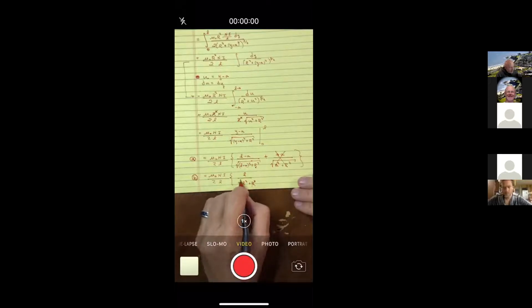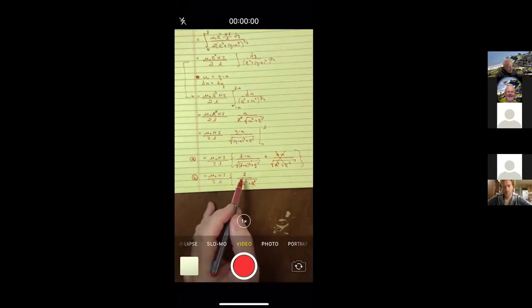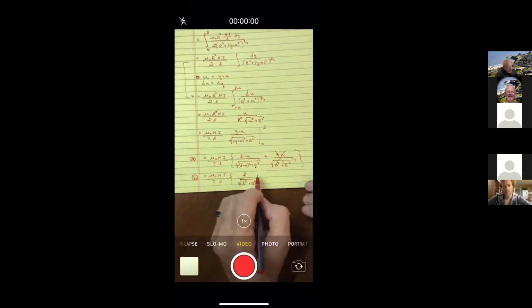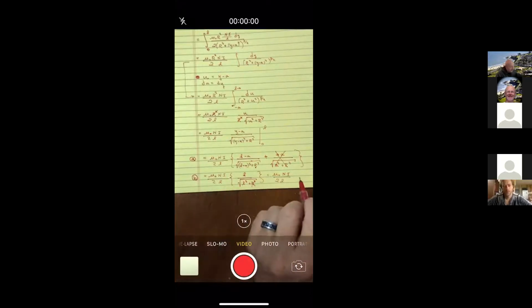That's just really, really, really small. And so essentially, I just have L over L, which of course is 1. And so we just have this mu, this n, this I, and this 2, and this L. And that's what they wanted us to show.